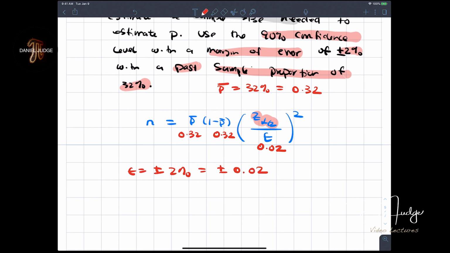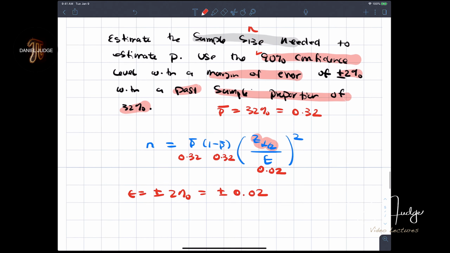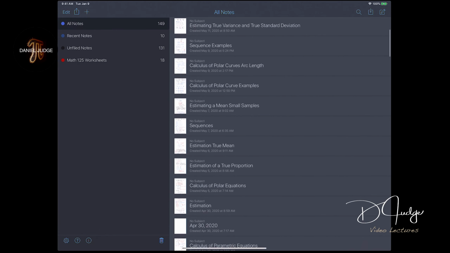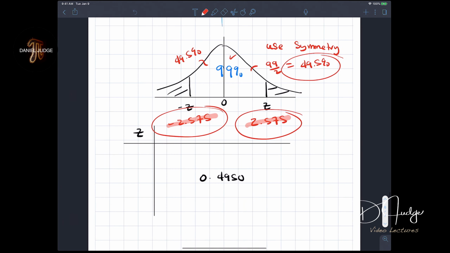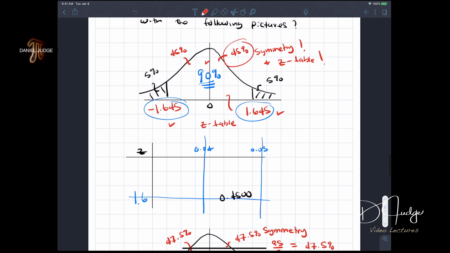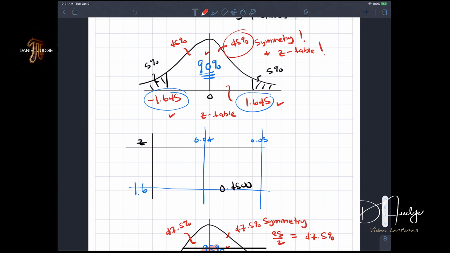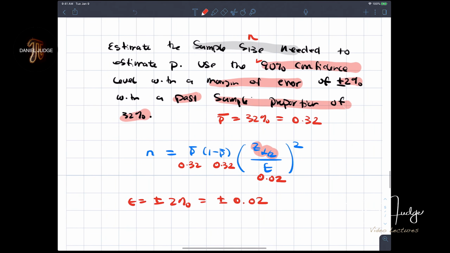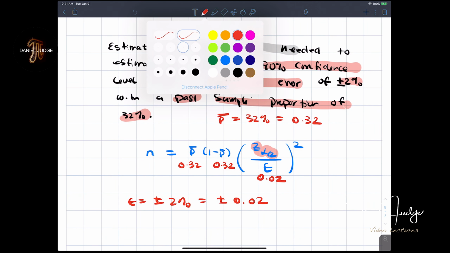Does anybody know what that is? Should we go take a look? 90% confidence, z alpha over 2? No, not 99, not 95. That's 1.645. Okay, 1.645. So we're going to use that value for z. So we've got to know that.